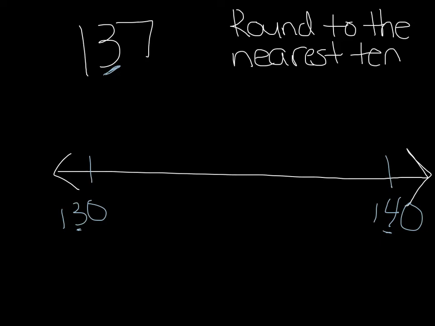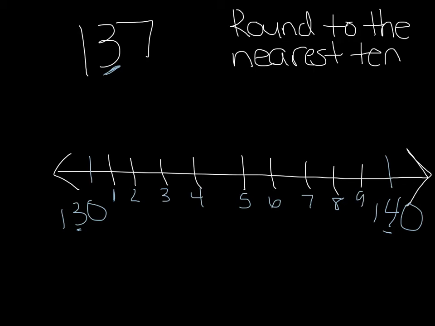So I'm going to, again, split this in half. All right, and now notice, every time I'm dividing my number line into 10 equal parts. The reason is whenever you move to the next decimal place, we're dividing by 10. So this is going to be 131. I'm just going to actually put 1, 2, 3, 4, 5, 6, 7, 8, 9, and then 10, which is 140.